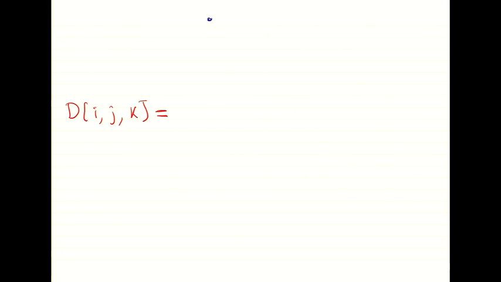Well, it's the shortest path from i to j such that all the intermediate vertices, all these guys in the middle, are from 1 through k. Okay? Now, there are two cases. Either the vertex k is on the shortest path or not on the shortest path. The vertex k can be one of two things. Okay? So let's split it into two cases.